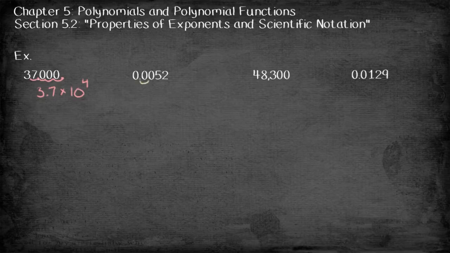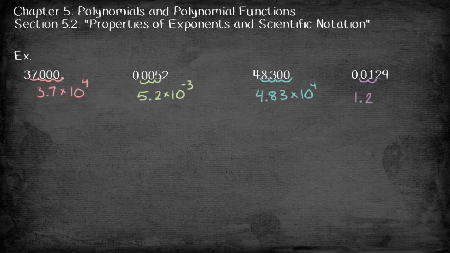I would move 1, 2, 3 places to the right to get 5.2 times 10 to the negative 3, because I moved to the right 3 places. For the third number, again, I moved 4 places to the right, so I get 4.83 times 10 to the 4th. And lastly, since we moved 2 places to the right, I'm going to get 1.29 times 10 to the negative 2.